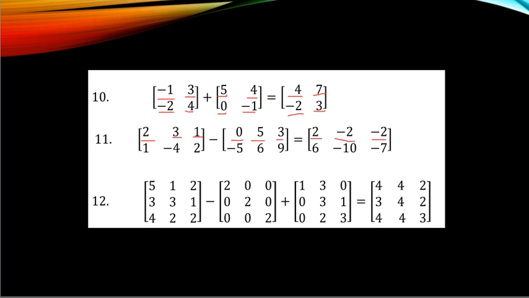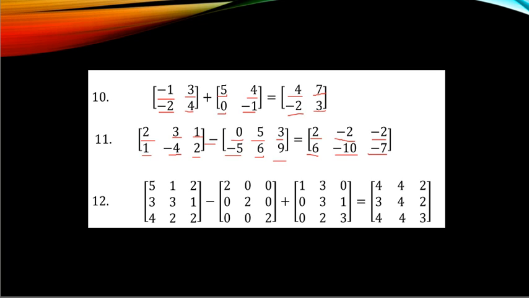Second row, 1 minus 5. That means 1 plus 5 now. That is 6. You have minus 4 minus 6. That is minus 10. Then you have 2 minus 9. That is minus 7.